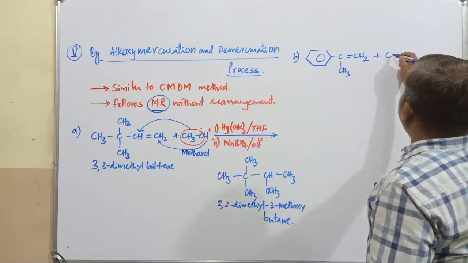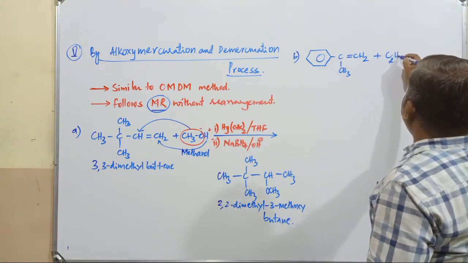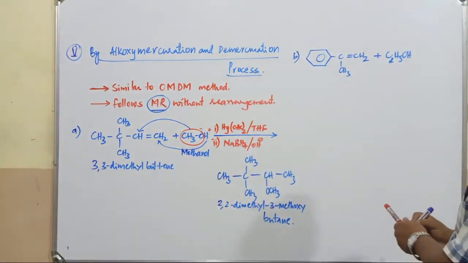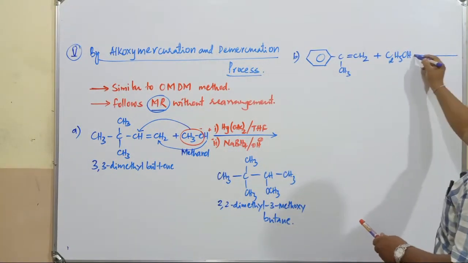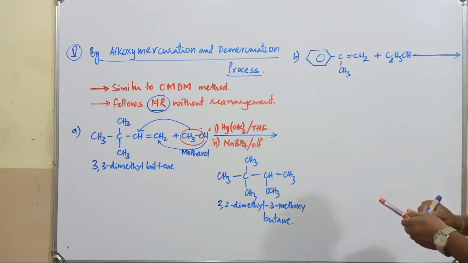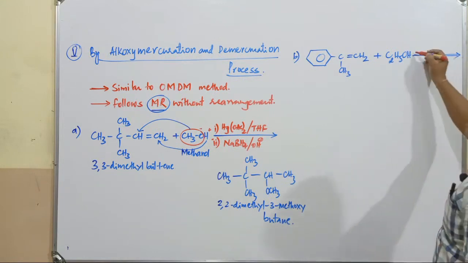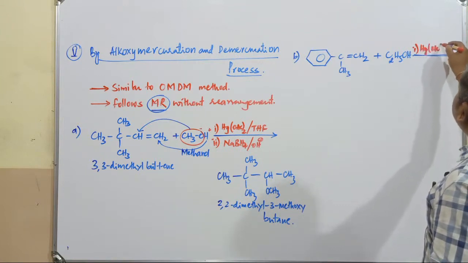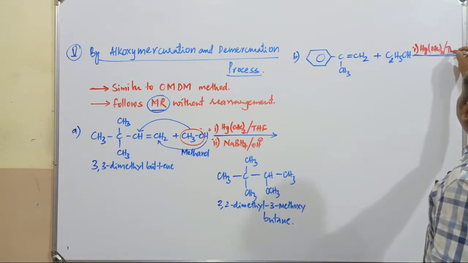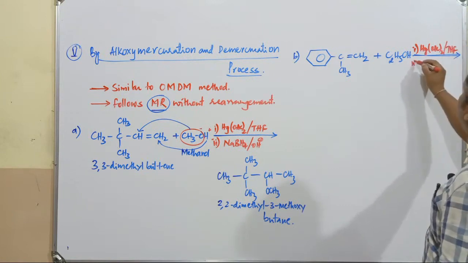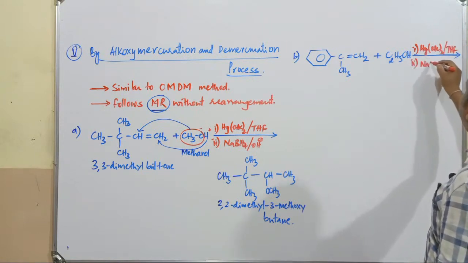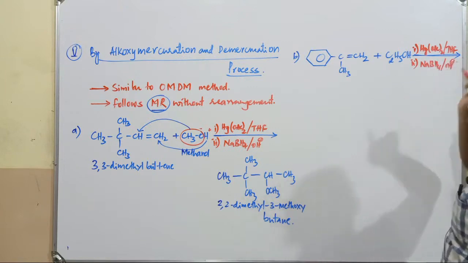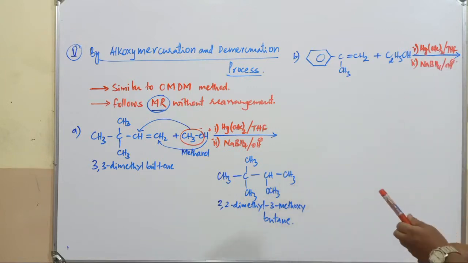To this one, if you are adding C2H5OH in presence of the same reagents, no difference, the same reagents must be added here. That is, first mercuric acetate, Hg(OAc)2, and THF, tetrahydrofuran. For demercuration, sodium borohydride, with OH minus. Tell me the product obtained in this reaction.